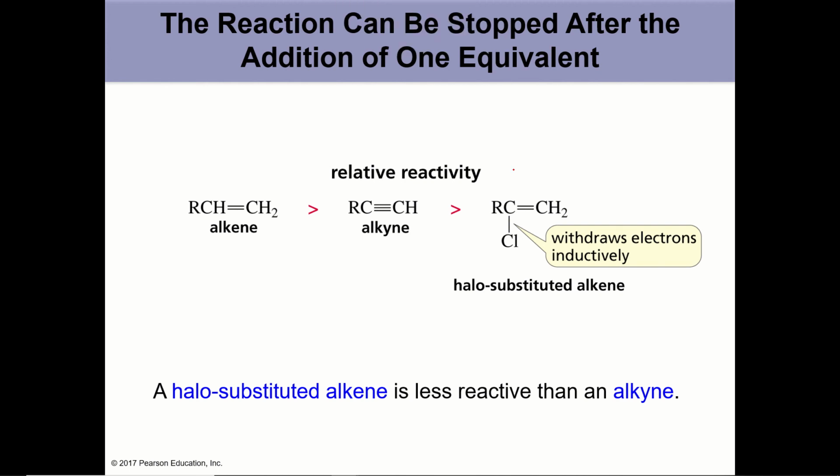So this reaction can be stopped by the addition of very specifically 1 equivalent of HCl. And the reason that we can stop after 1 equivalent of HCl, which means 1 mole to 1 mole, is because a halo-substituted alkene has less nucleophilicity than either an alkene or an alkyne.